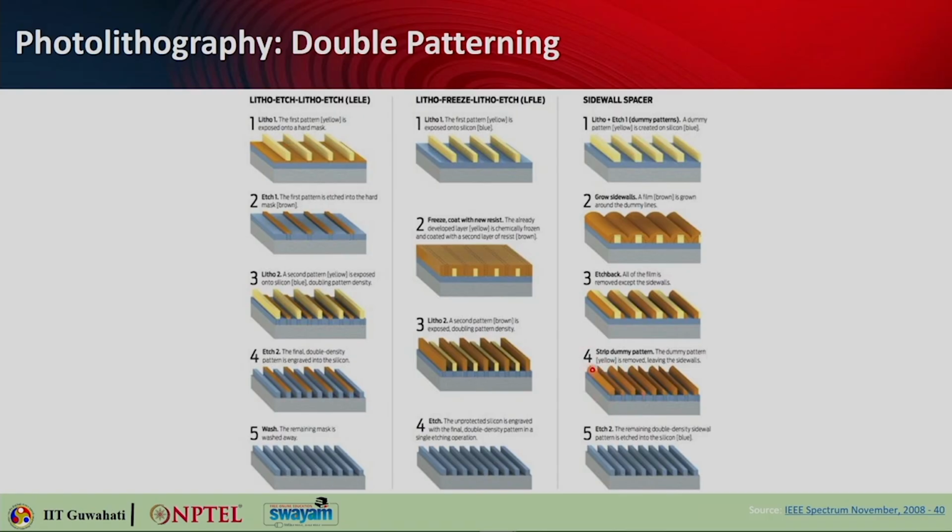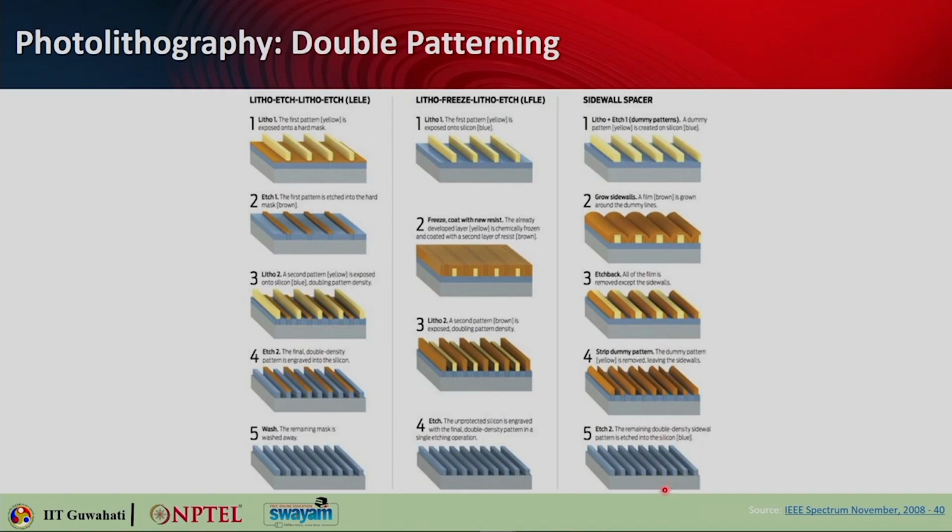Then you strip the dummy pattern, that is, the yellow pattern is now removed, leaving only the sidewalls. So, you have got these sidewalls. Then you can do the second etching, and that will give you this double etched, or you can say the double density array.